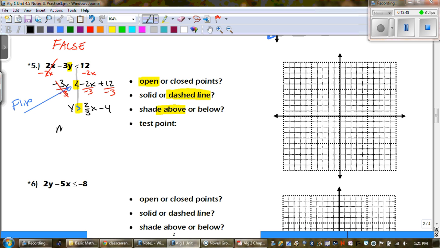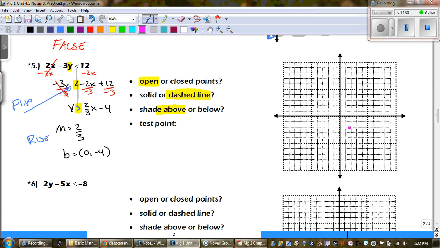Now, we have the point (2, 3), which is positive, so our graph's going to rise, and the point (0, negative 4). Okay?